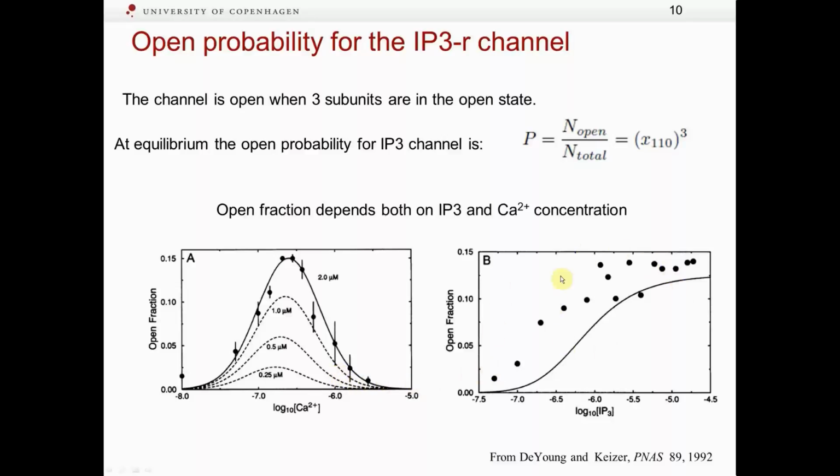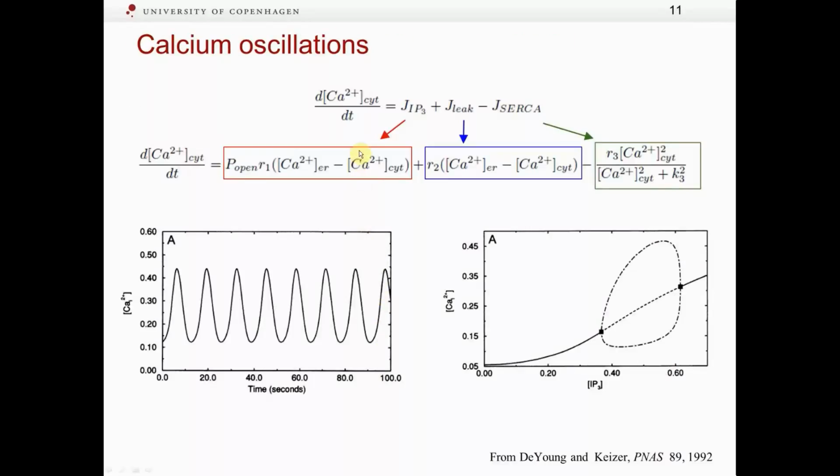This picture over here shows the open fraction as a function of IP3, and as you can see, there is a certain saturation of the curve when IP3 becomes sufficiently high. The de Jong-Kaiser model can be used to describe calcium oscillations in the cytoplasm using this simple expression here.